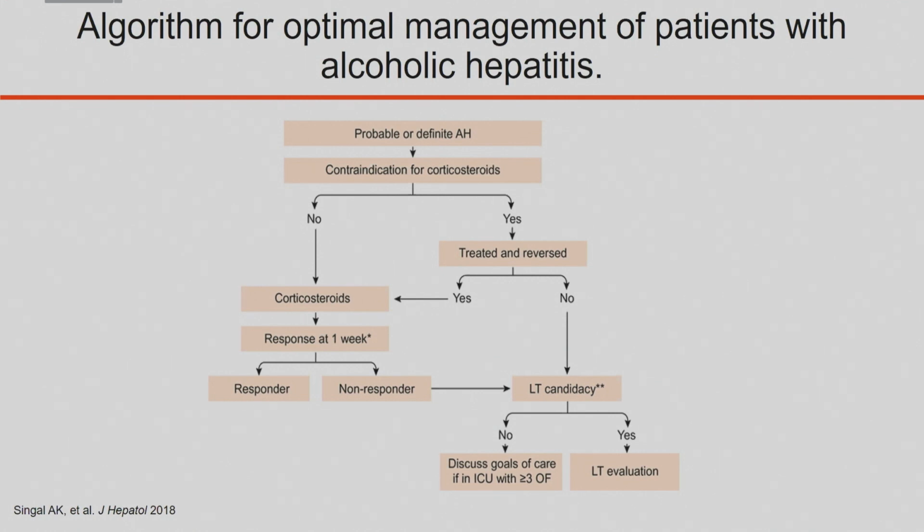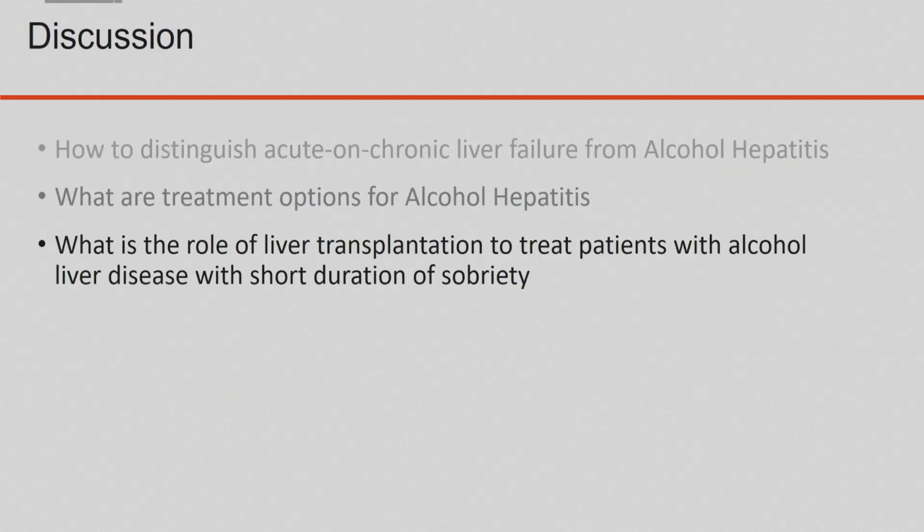At this point, you have to talk to a transplant center. You have to consider the role of liver transplantation. So for the audience, for Jihan, Bishoy, and Gina, what do you think about the role of liver transplant in alcohol hepatitis? Because let me tell you, I'm getting calls all the time from my friends at Harbor and Orange County and Downey about alcohol hepatitis transplantation.